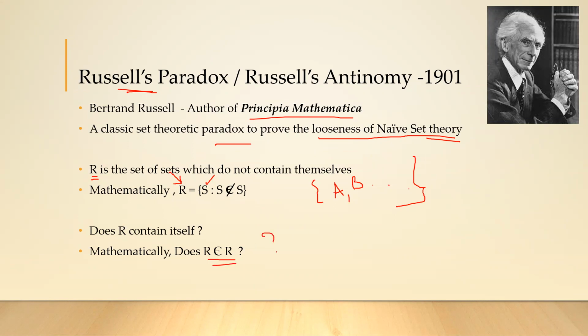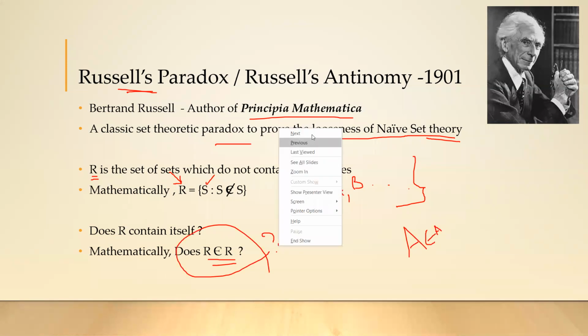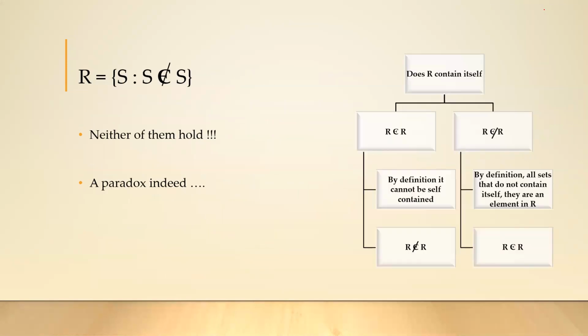We know that A does not belong to A, B does not belong to B. But in the comprehension principle of the naive set theory, they told that logically A will belong to A, B will belong to B, and so on. So what Russell tried to bring out is an answer for, does R belong to R? So this is how he tried to prove it.